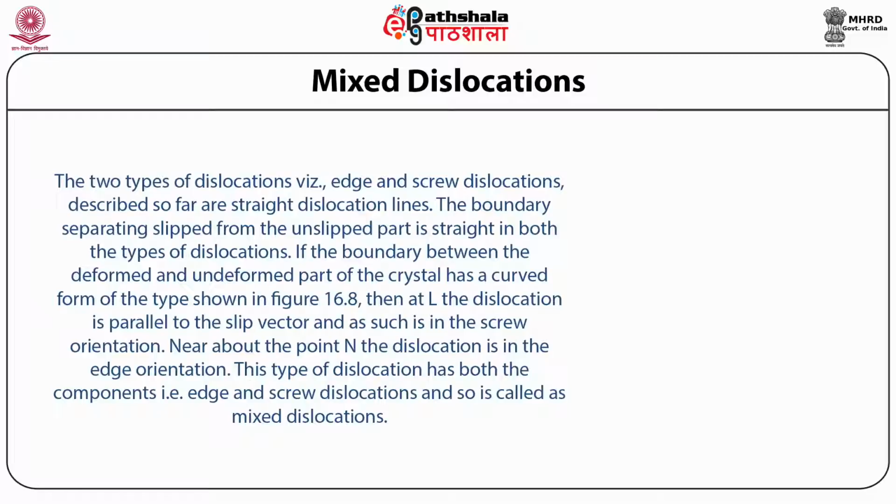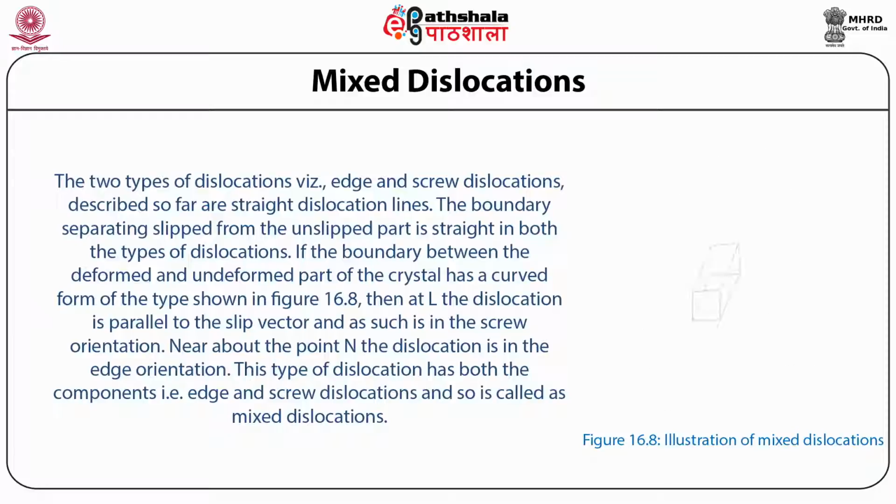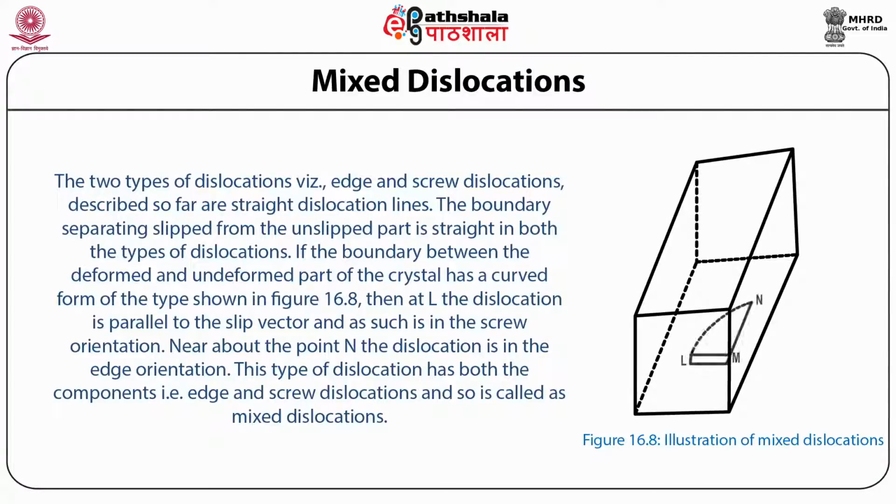If the boundary between the deformed and undeformed part of the crystal has a curved form of the type shown in figure 16.8, then at L the dislocation is parallel to the slip vector and as such is in the screw orientation.